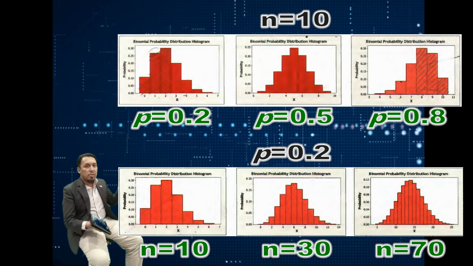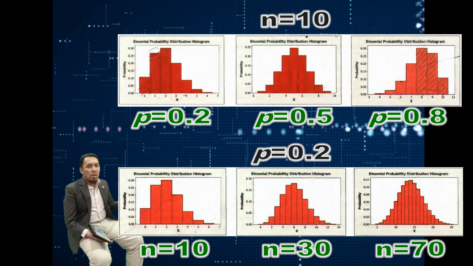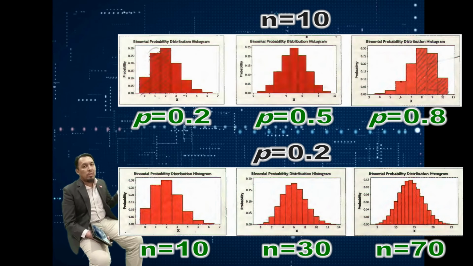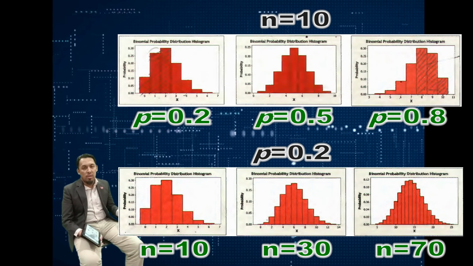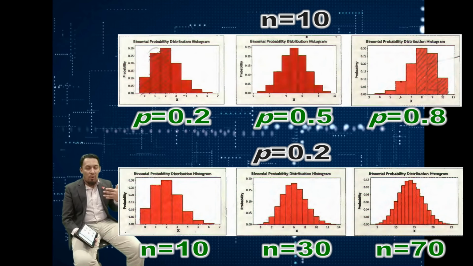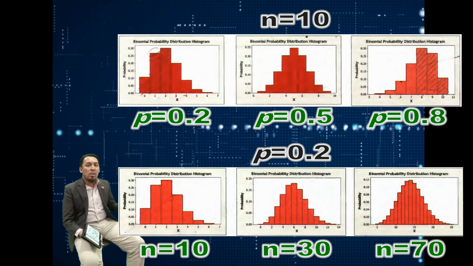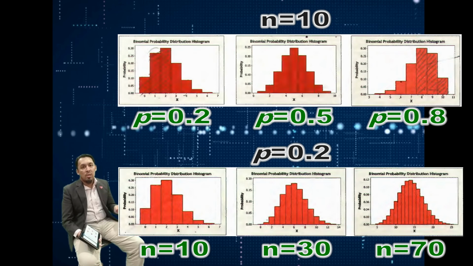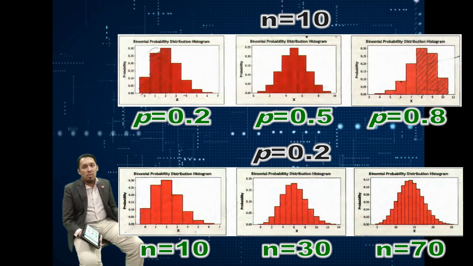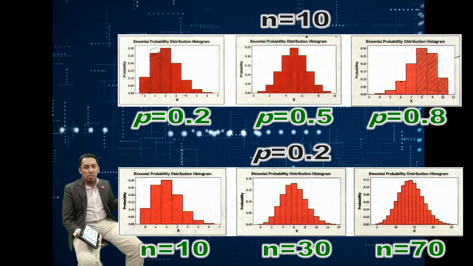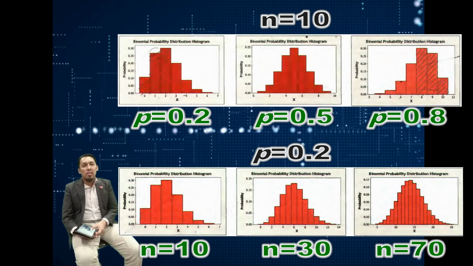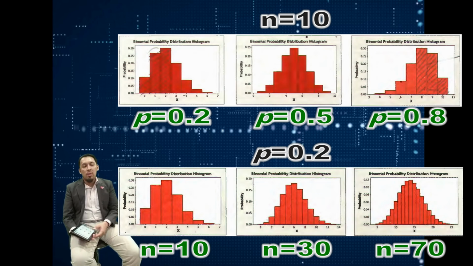If we increase n even further, you will see that it becomes exactly a bell-shaped distribution, the distribution that we are going to learn later. We call it a normal distribution shape. We are going to use this kind of knowledge later in the next topic. So that is about the binomial distribution.